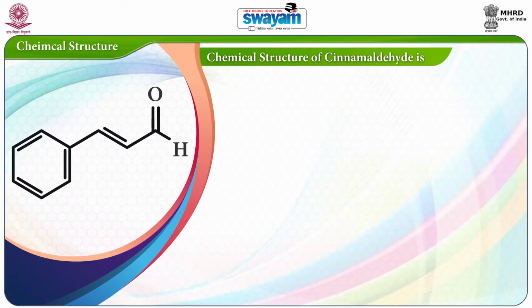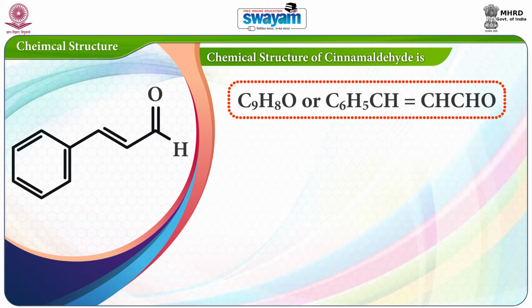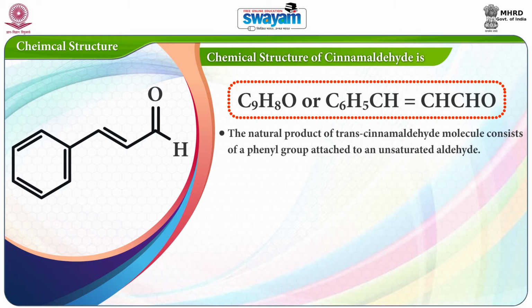Talking about the chemical structure of cinnamaldehyde: it is C9H8O, or C6H5CH=CHCHO. The natural product trans-cinnamaldehyde molecule consists of a phenyl group attached to an unsaturated aldehyde.